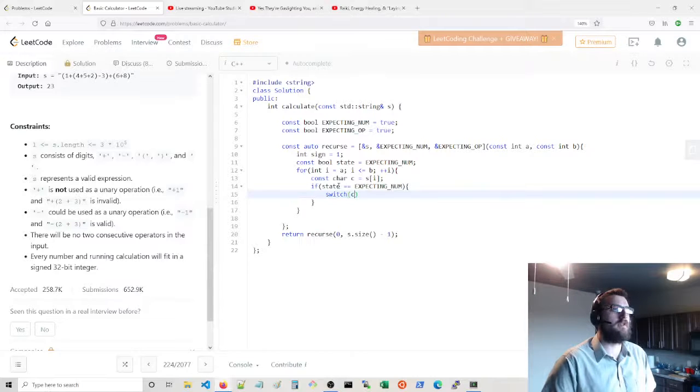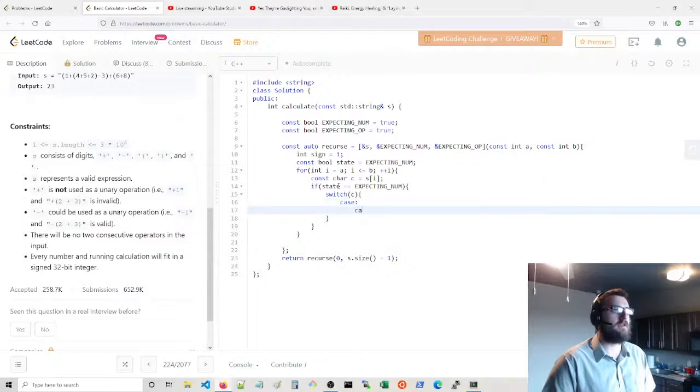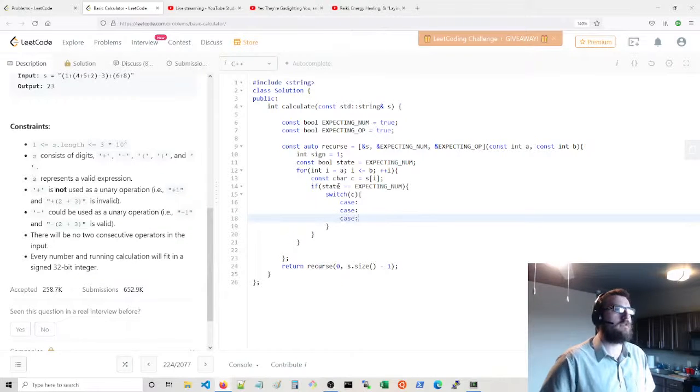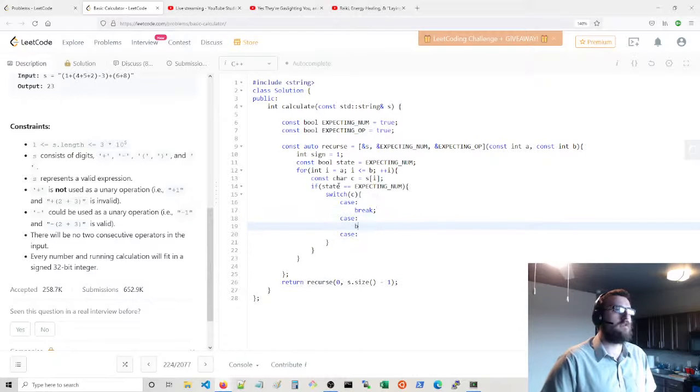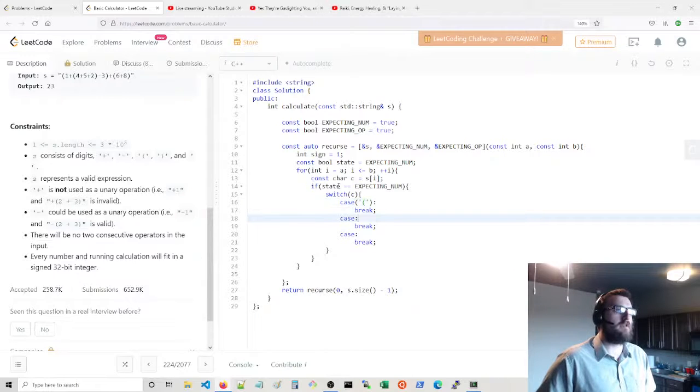Then we have switch on c. And we're going to say case, three cases. Three cases are, it could be an opening parentheses. I think it's just this. By the way, I don't think you need the parentheses.